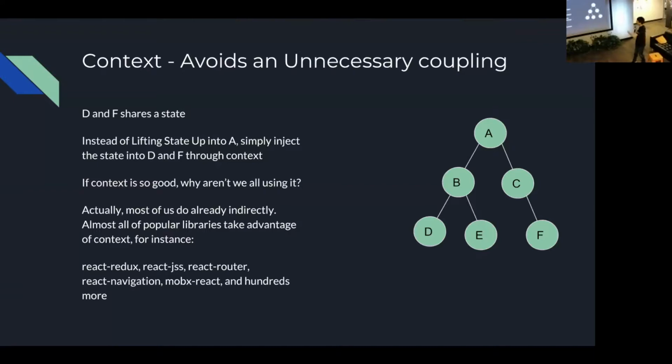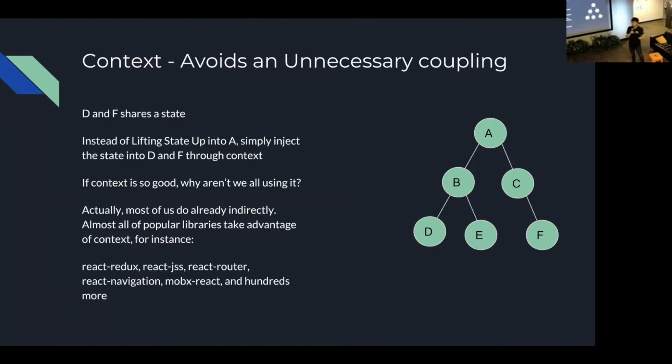Instead of lifting the state up to A, we can simply use the context to inject the state directly to D and F. That allows you to avoid unnecessary coupling because now A, B, and C just stay as they are. They are not coupled to the state that D and F use.